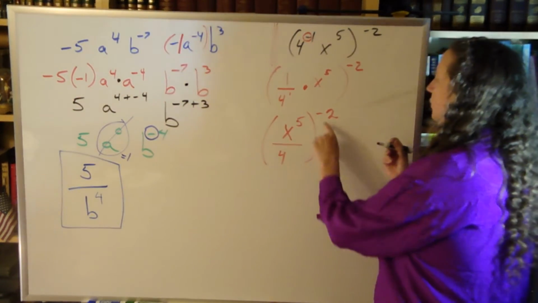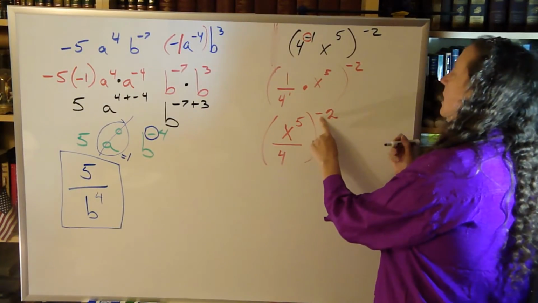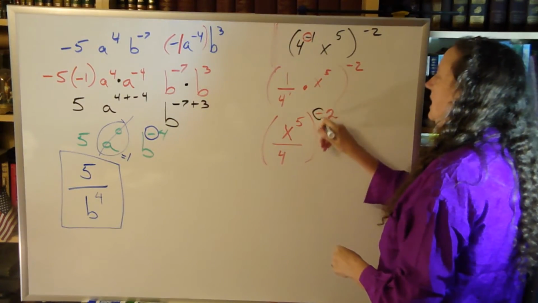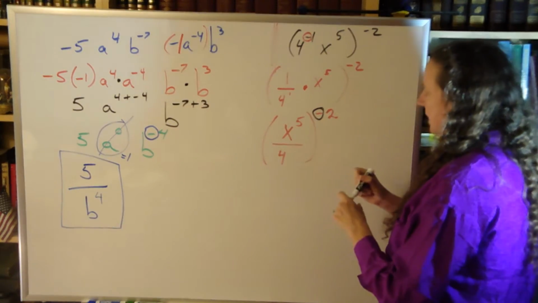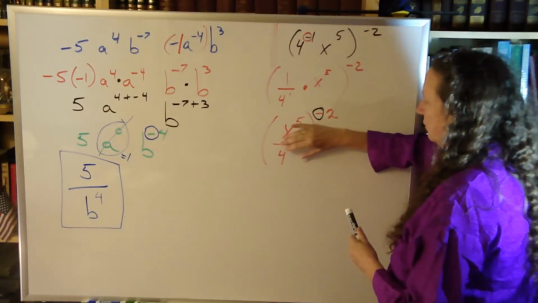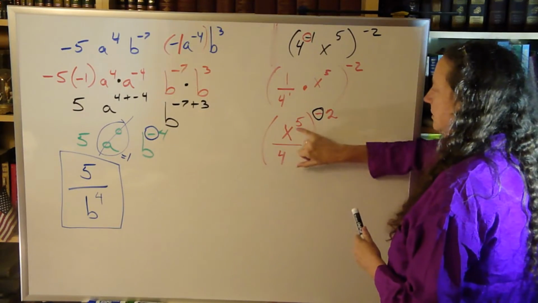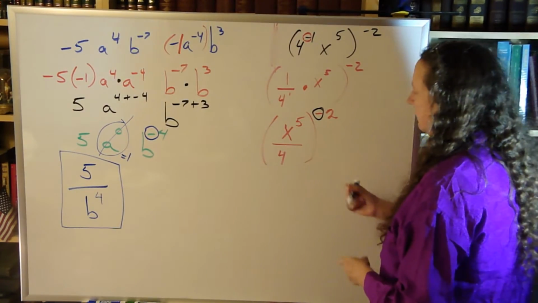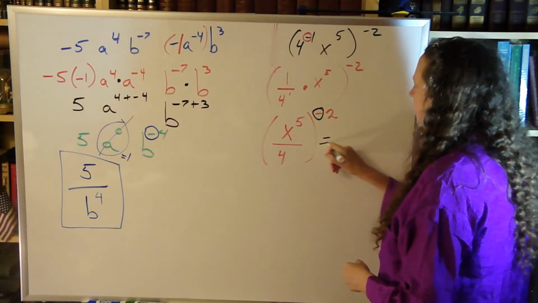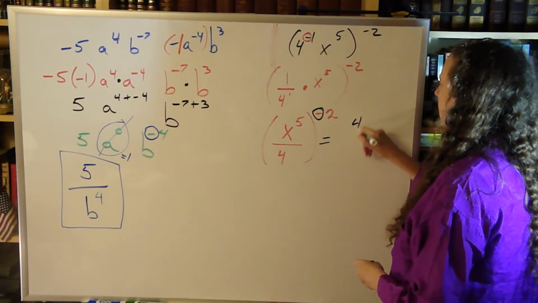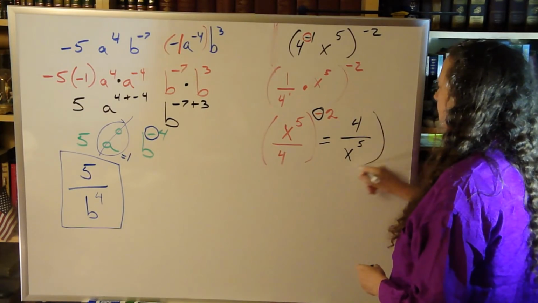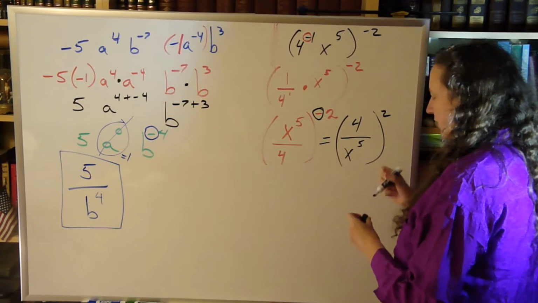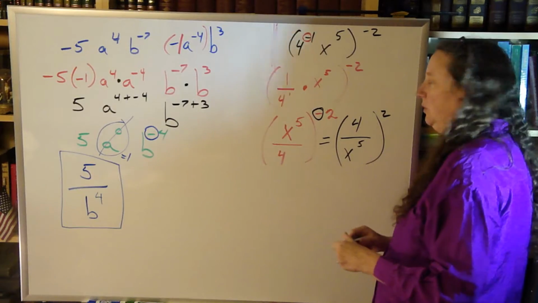Now I'm going to take care of this negative sign first. The negative sign is going to flip the fraction. So it's flipping over on itself. So this becomes 4 over x to the 5, and now it's being raised to the +2.